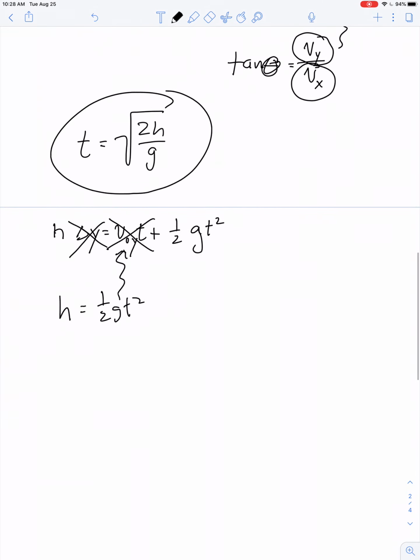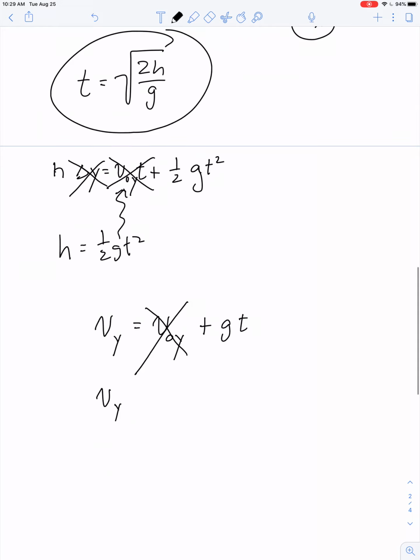So then if we want to find the vertical speed at impact, it should be equal to the initial vertical speed plus g t. The initial vertical speed is 0, so the final vertical speed at impact is equal to g times the square root of 2h over g. Right? I've just substituted for time this expression.